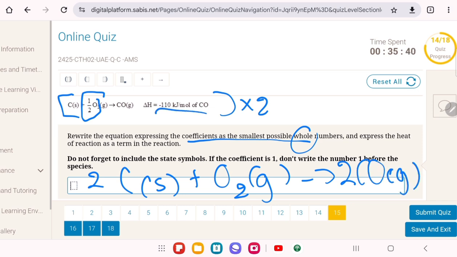Now here we have the heat is negative, so if it is negative, then we put it in the products, and of course we have to multiply the heat by 2. So minus 110 multiplied by 2 is minus 220, but we're gonna put it in the products. It's no longer negative, but it is positive 220 kilojoules.